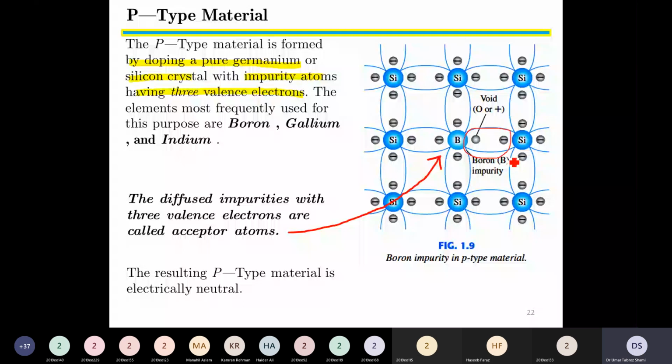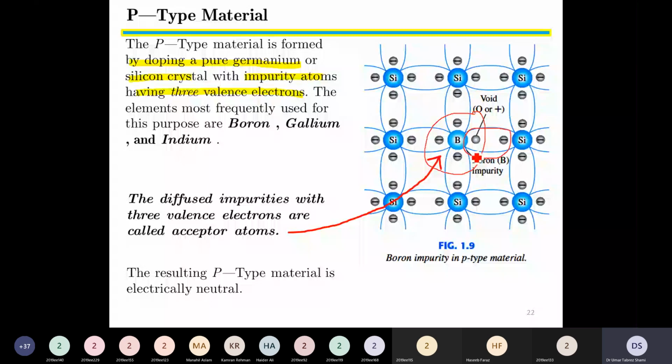But even with this vacancy, the charge on this substrate is neutral, and it is called an acceptor atom. This structure is called the acceptor atom because we have a vacancy. We have enough space to adjust one electron in the covalent bond.